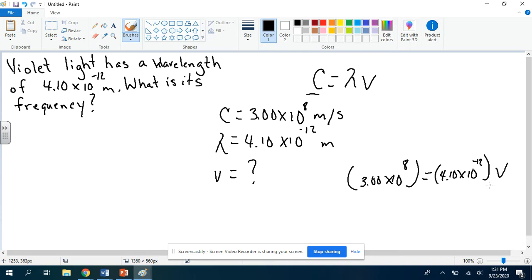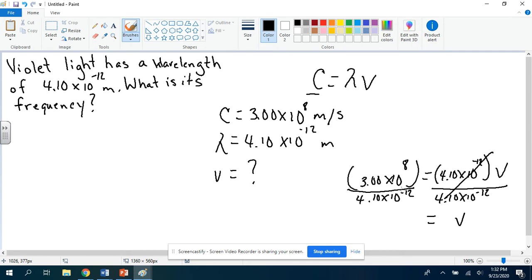These are being multiplied, so you do the opposite to solve for V. The opposite of multiplication is division, so I will divide by my given. They cross out, so that I'm only left with V on that side, see? But if you do it to one side, you got to do it to the other. So I'm also going to divide this side by 4.10 times 10 to the negative 12.